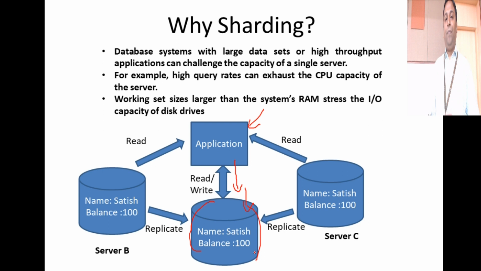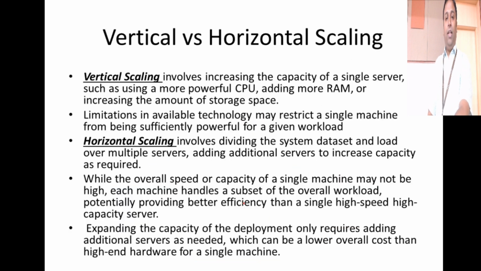Database systems with large data sets or high throughput applications can challenge the capacity of a single server. Though you have 3 copies, you still have one single server maintaining the entire data. So the CPU capacity may get exhausted, there will be stress on the RAM, and IO also will be a problem on the disk drives. So in that case, we have to think of some solution here: vertical scaling and horizontal scaling.